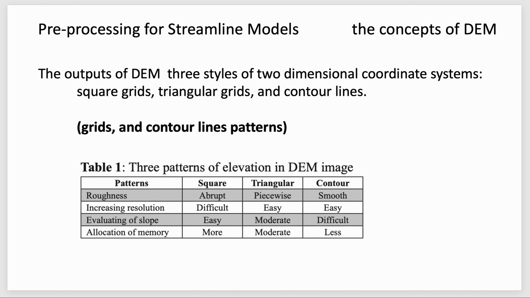The output of them can be divided into three styles of 2 dimensions, as shown in table 1. The pattern can be square, triangular, and contour, each with its own property as shown in table 1.